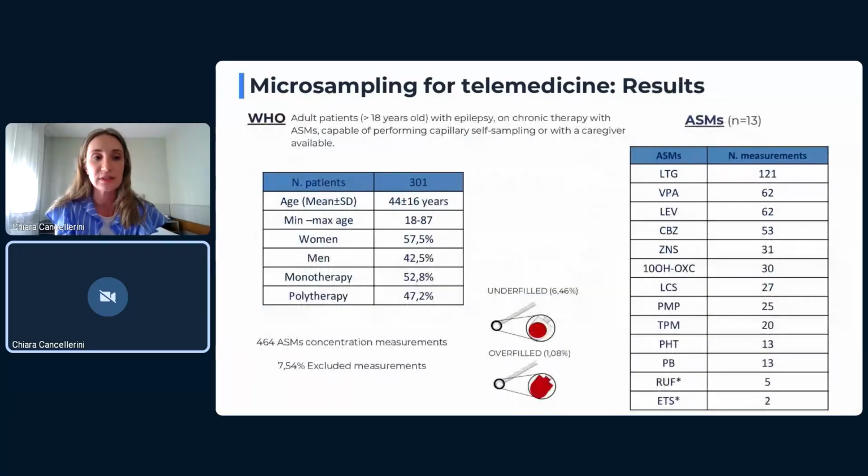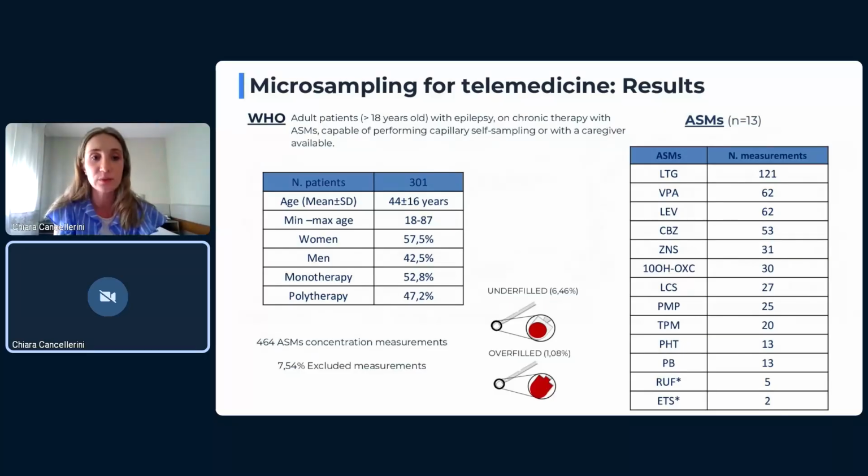So these were the results of this project. We enrolled adult patients on chronic antiseizure medication therapy who were capable of performing the capillary sampling independently or with an available caregiver. We evaluated more than 300 patients with a mean age of 44 years old and with a slight predominance of females. They were 50-50 monotherapy or polytherapy.